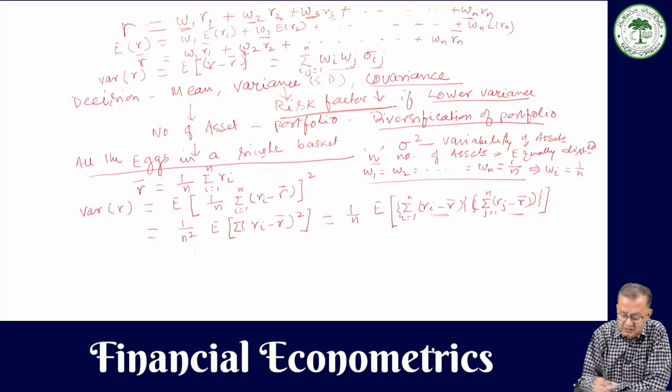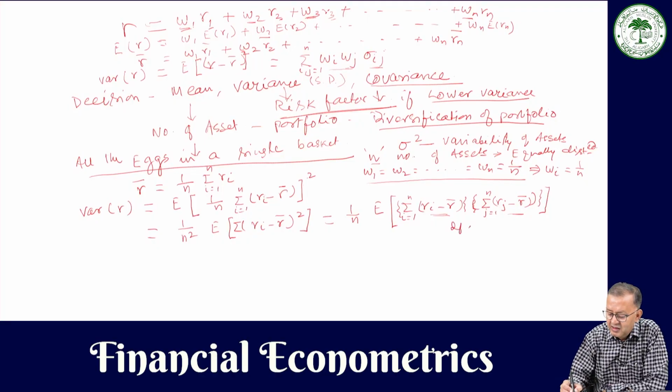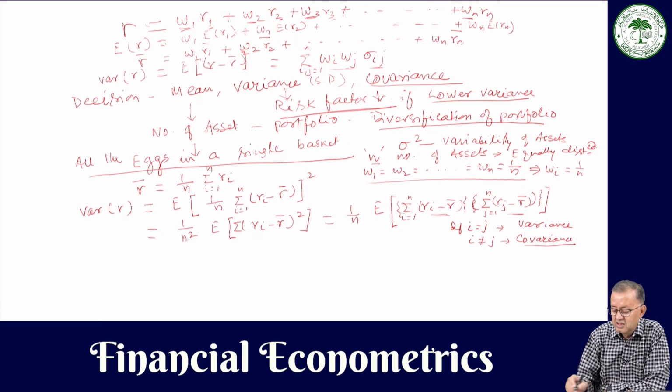If i is equal to j, then we will have variance, and if i is not equal to j, then we shall have covariance. So these are the terms.